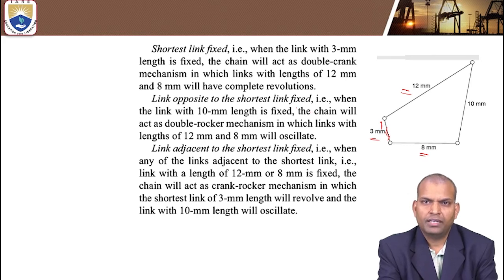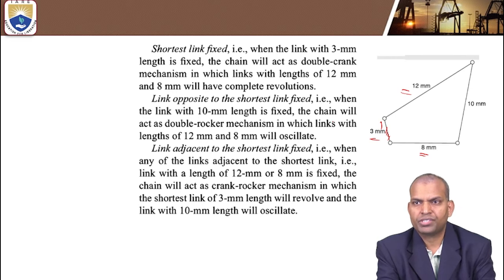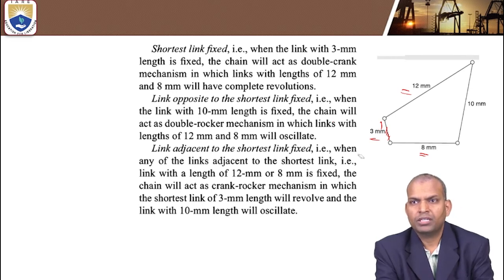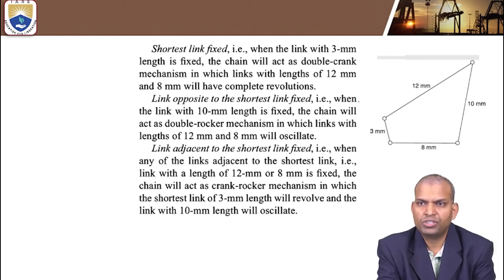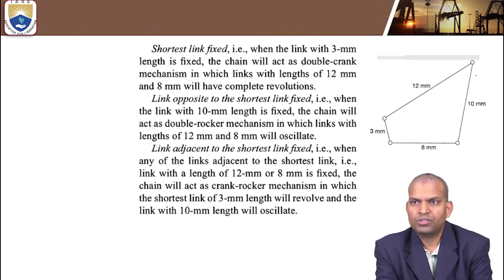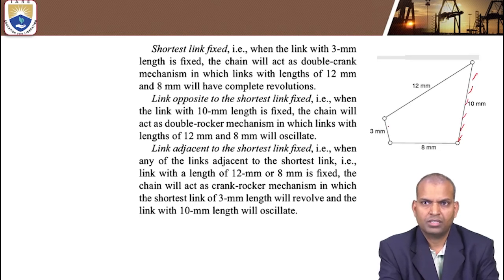Alright. Next, the link opposite to the shortest link is fixed. The shortest link is 3 millimeter, and opposite to the shortest link is the 10 millimeter link, which is fixed.